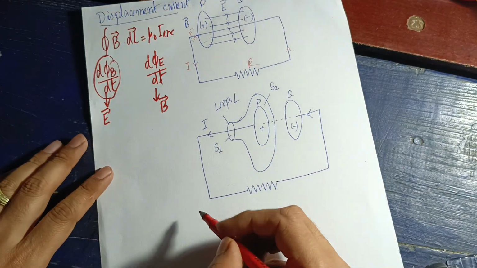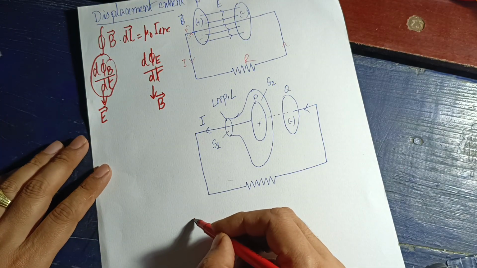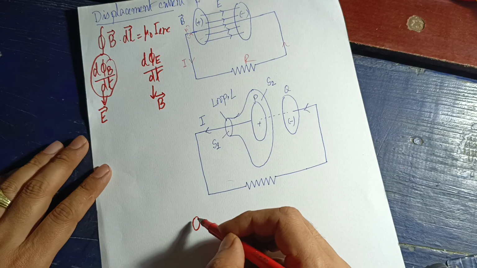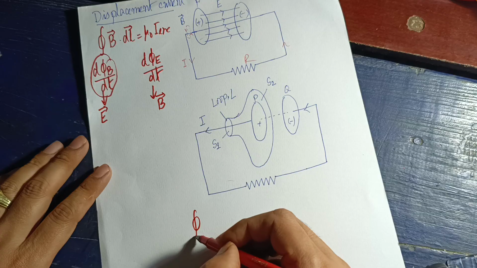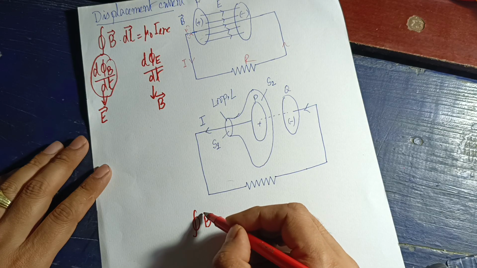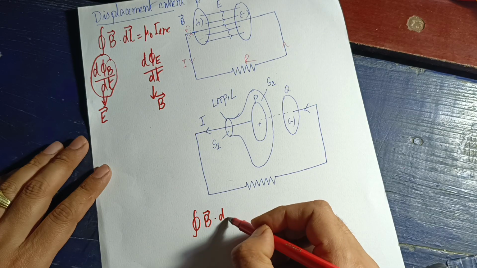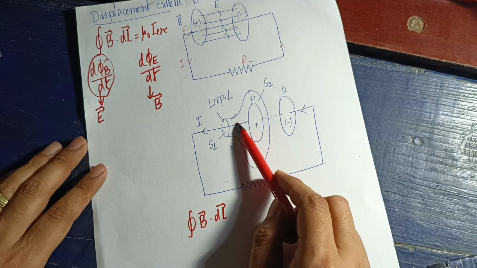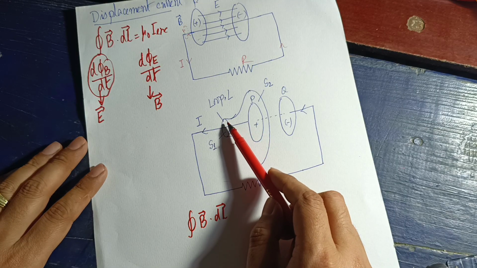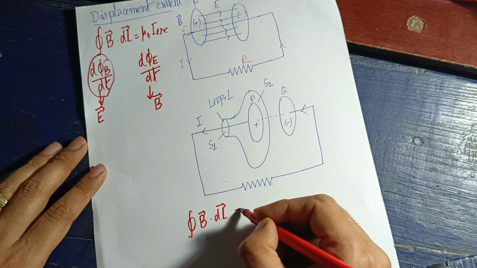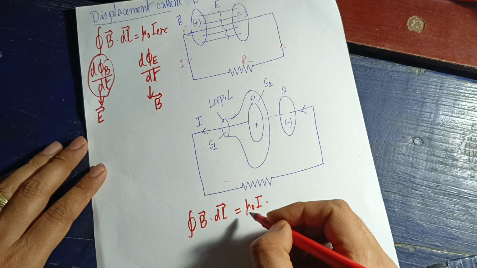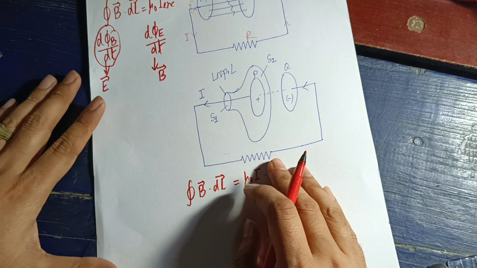When I apply it to surface S1, this is the integral of B vector dot dl vector. The current I is threading through this surface or this loop, so this will be equal to mu naught I.